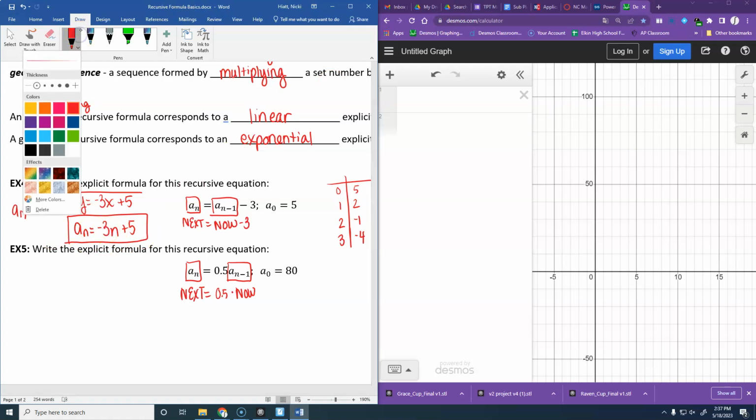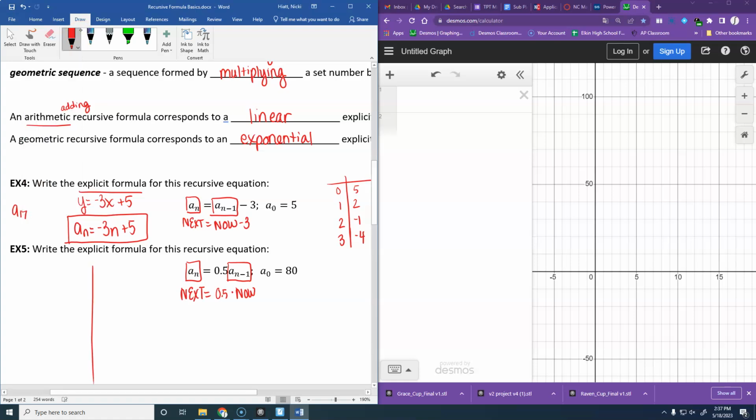So let's do like we did on the last problem. Okay, we got a sub 0 is 80. To get the next number, we take 0.5 and multiply what we've got right now. What would we get for that? 40. And then the next one would be 20.